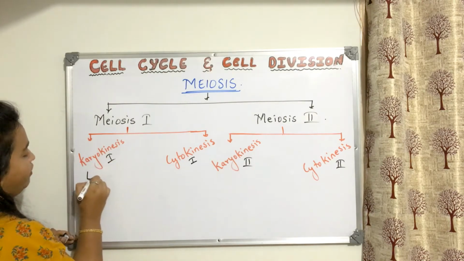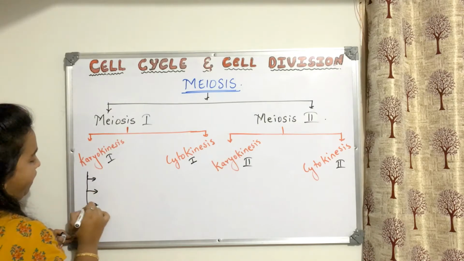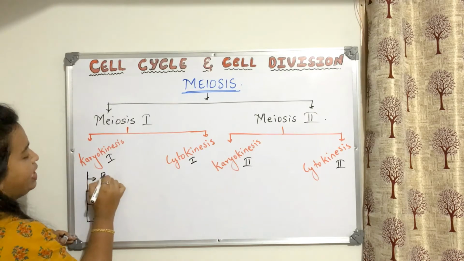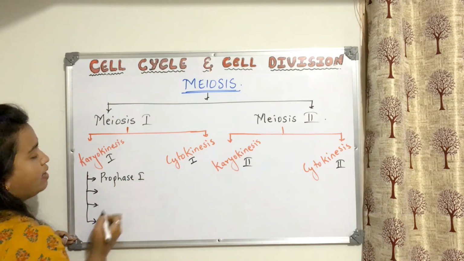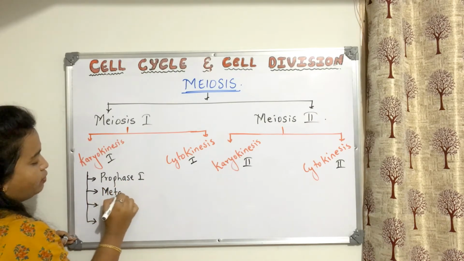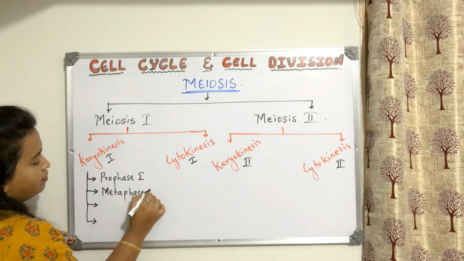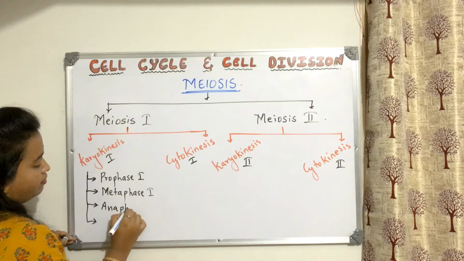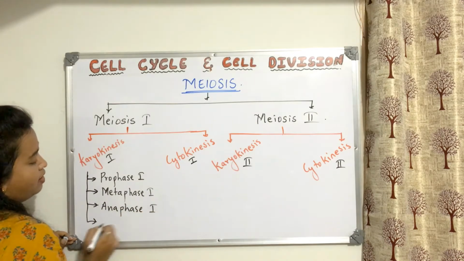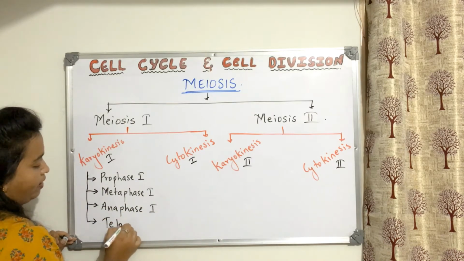First one is prophase. To understand, it is prophase 1, metaphase 1, anaphase 1, and then telophase 1.